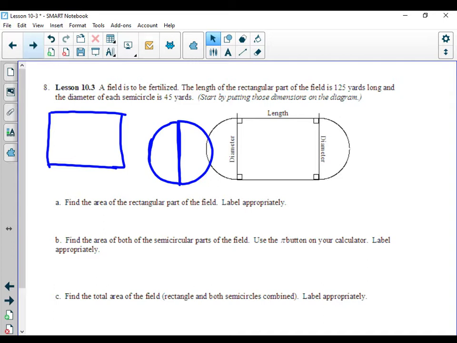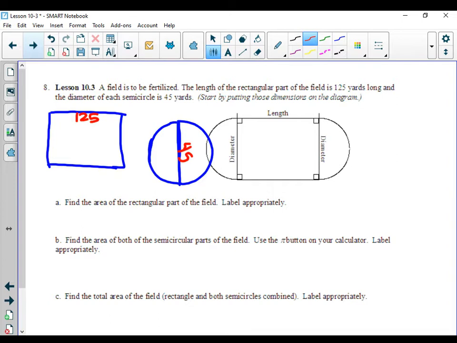It says the length is 125. And the diameter is 45. How can the diameter help us? Can you go to get the radius? How can the diameter help us with the rectangle?